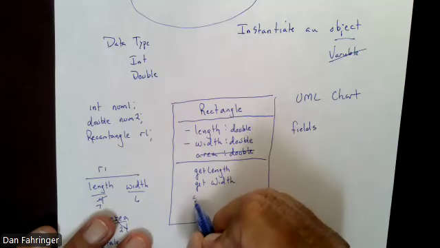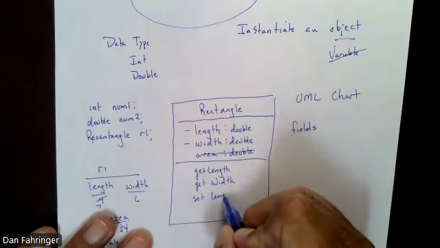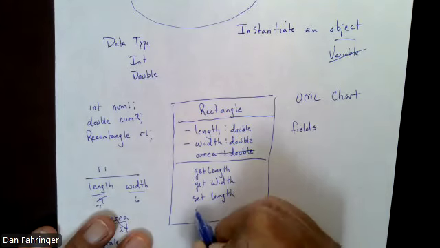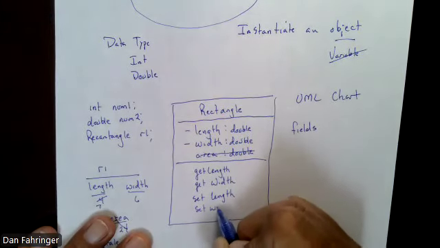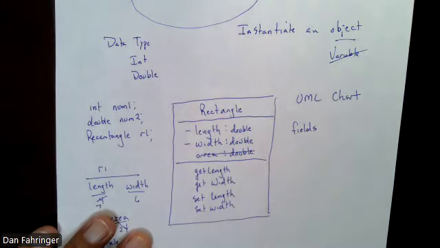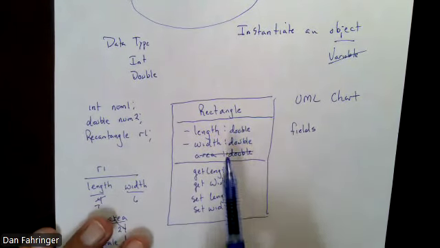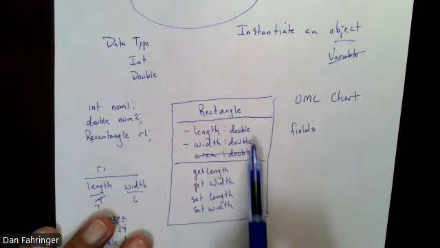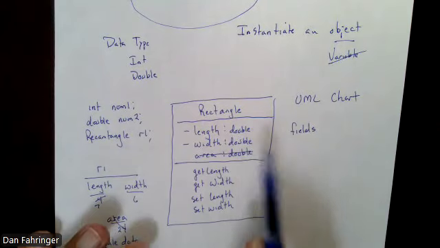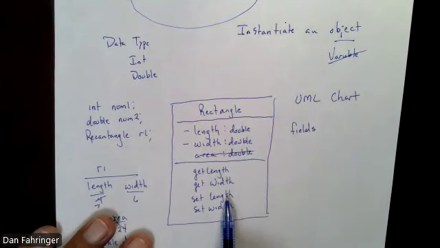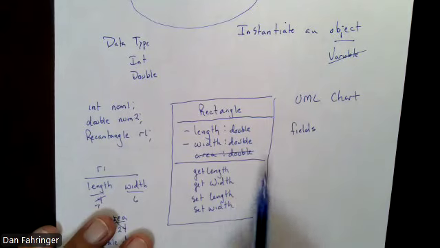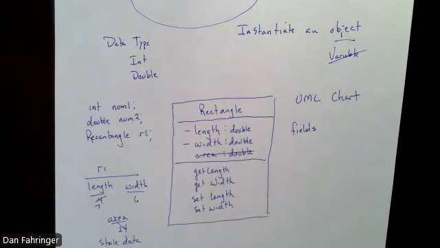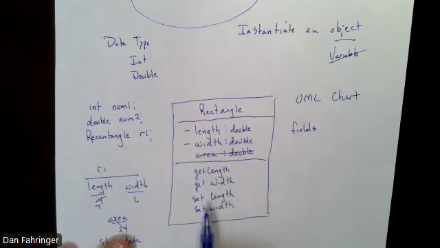We have one called set length. Set width. When I get ready to start and I create variables, I usually don't know what they are. So we want to have 2 methods that will allow me to set the width. I want to set the length.